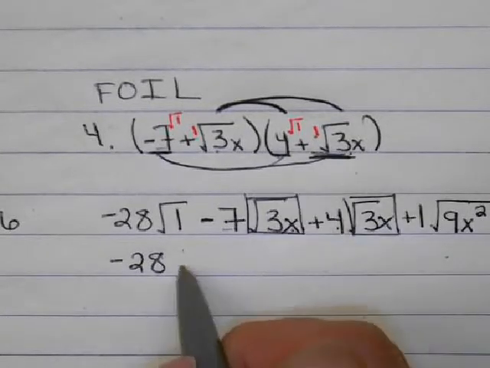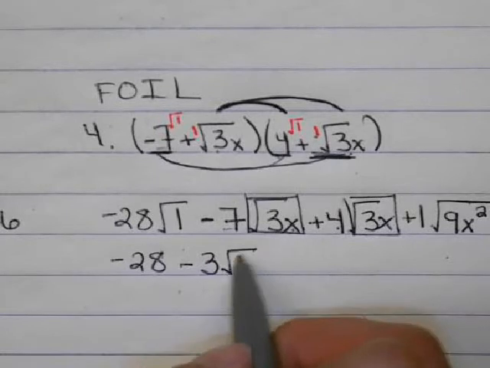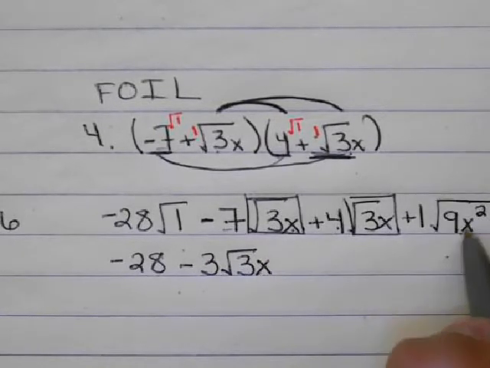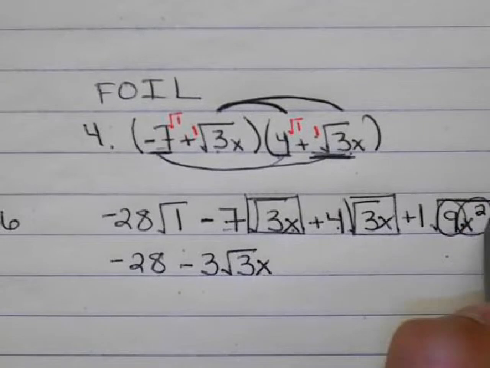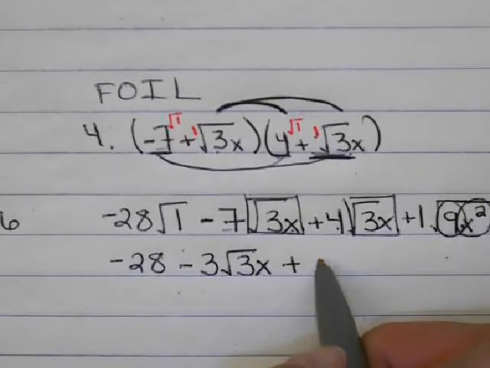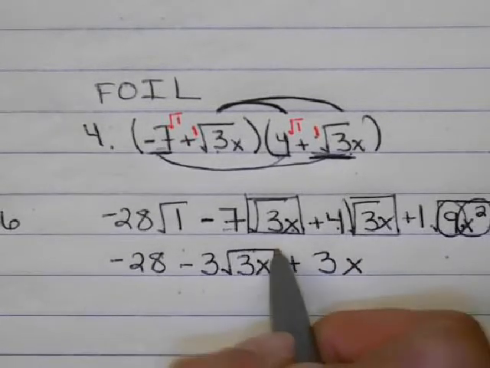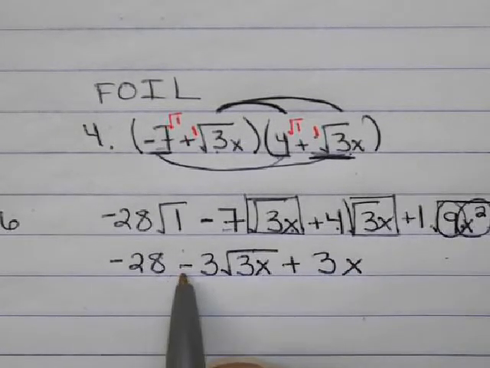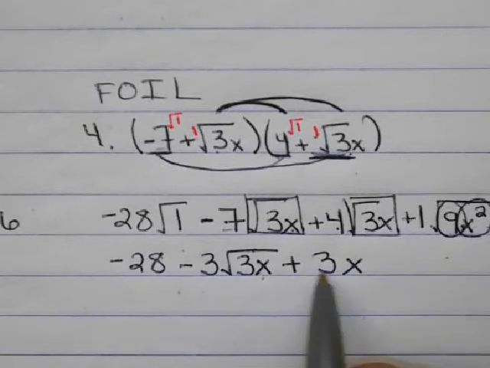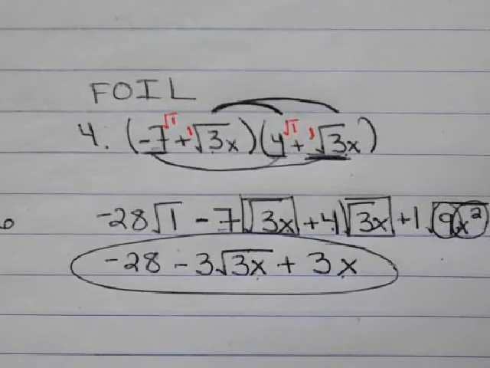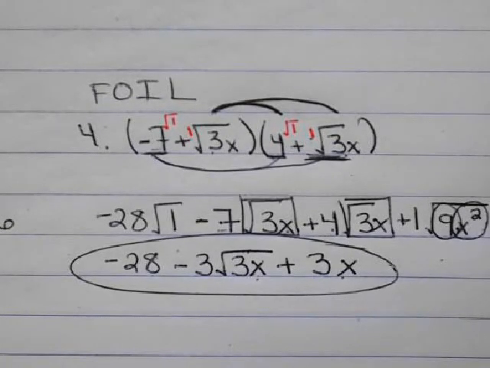Negative 7 plus 4 is negative 3. And then 9x squared, well, those are both squares that can be pulled out. The 9 can come out and this x squared can come out. When the 9 comes out, it becomes a 3. And when the x squared comes out, it becomes an x. So I have negative 28 minus 3 radical 3x plus 3x. There's nothing else I can combine, so that's my final answer. And that's how you multiply radicals.